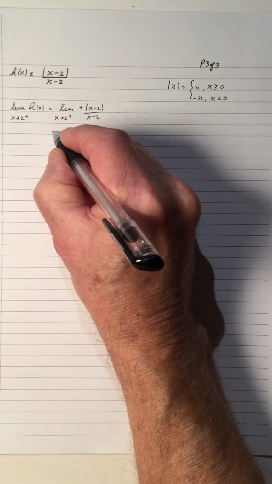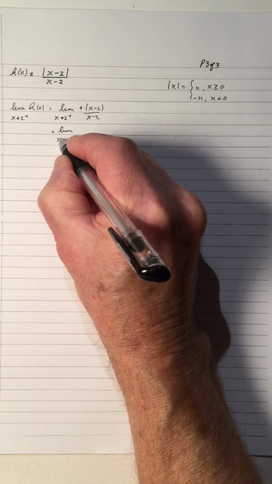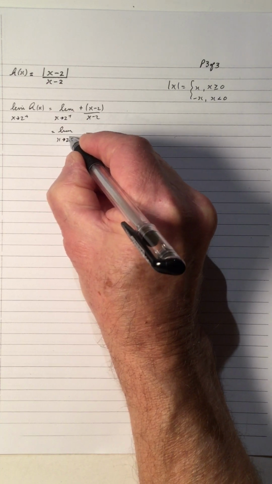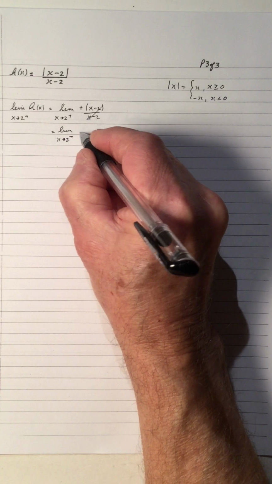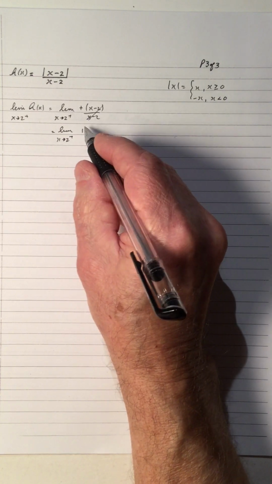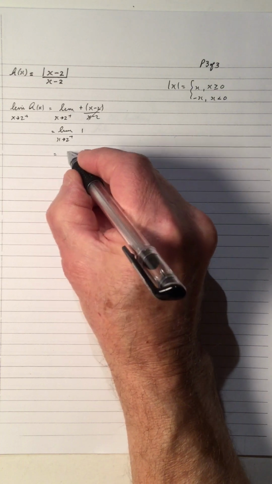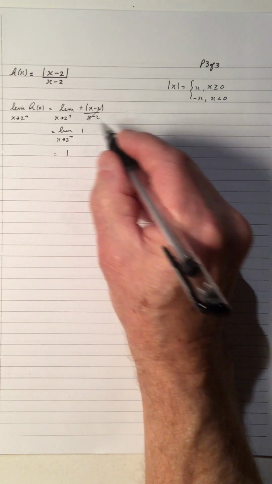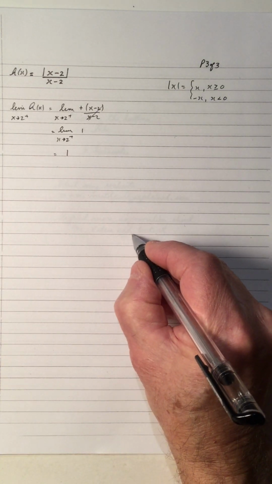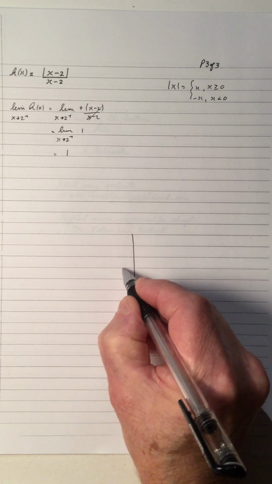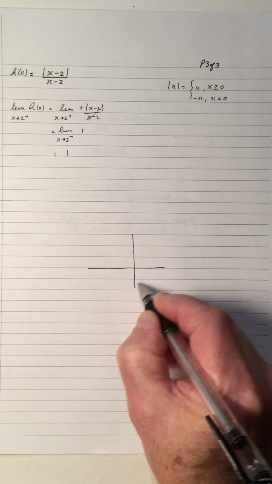So that's the limit as x approaches 2 on the right side. That's a 1. So that limit is 1 because it's horizontal. So if we look at a graph of that, and here's the graph.